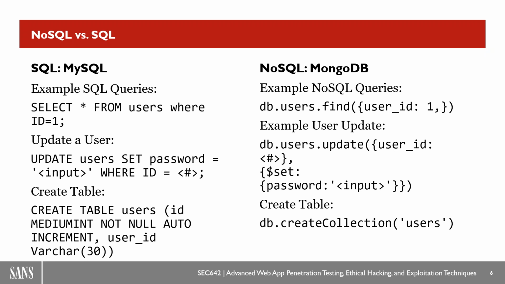Select star, meaning all of the fields, from users where ID equals 1. This is an example where we're selecting something from a table where we're specifying that the field ID equals a value of 1. And that will give us a response.